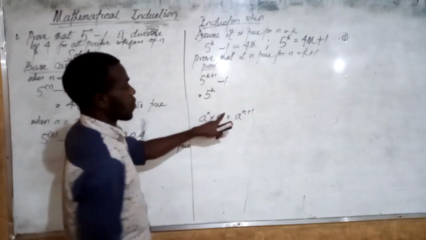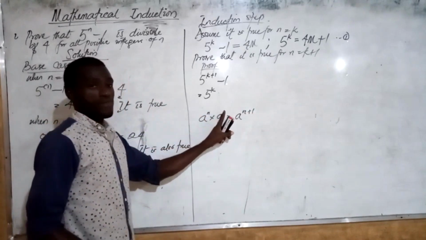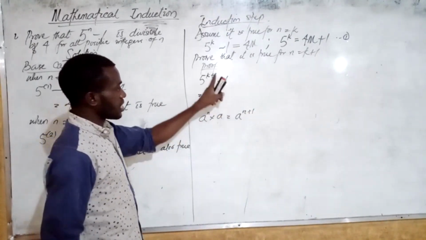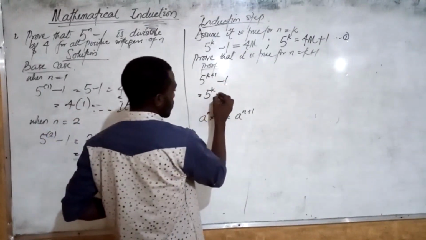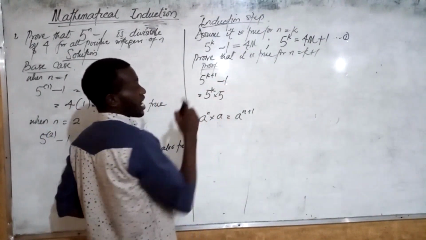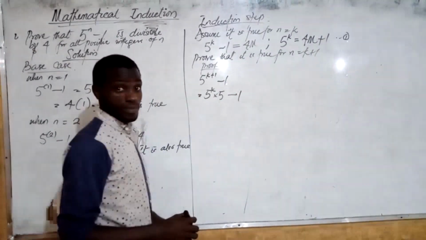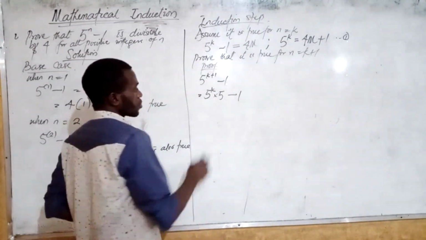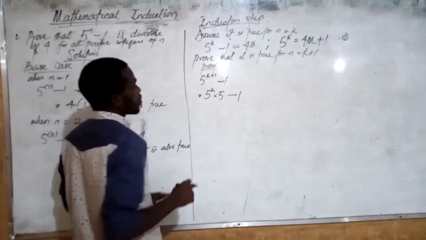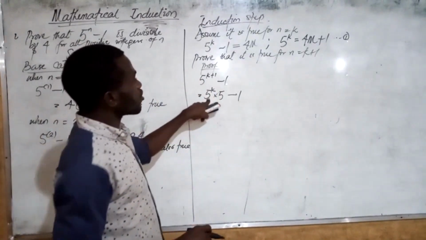So you see the 1 here appears here. It's the same case here. So this came from 5 raised to the power k times 5, minus 1.